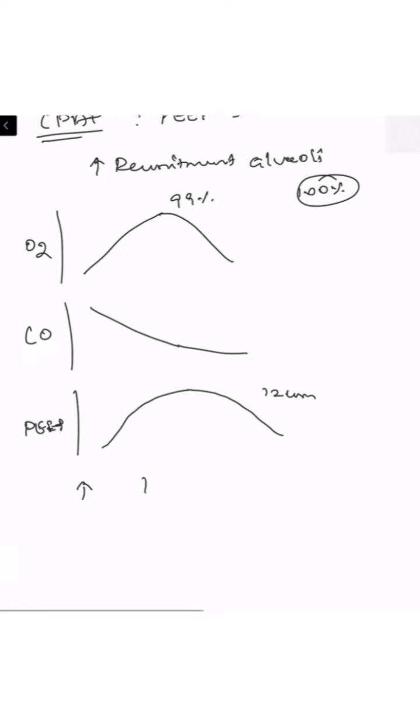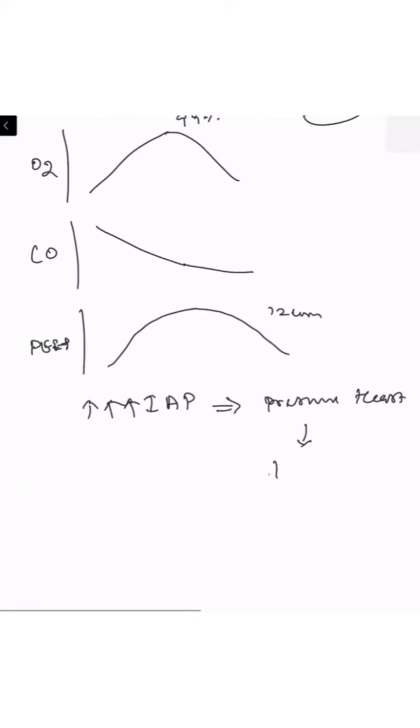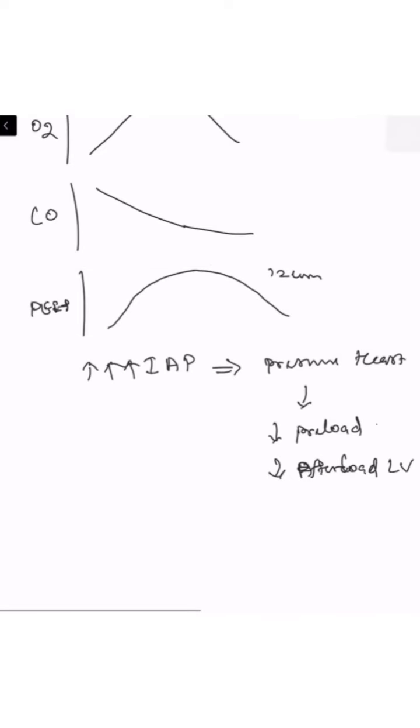So the intra-alveolar pressure is increased very much. It will transmit the pressure into the heart. So this will reduce the preload and the afterload of the left ventricle. How?